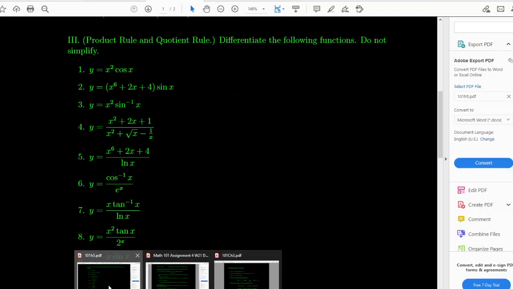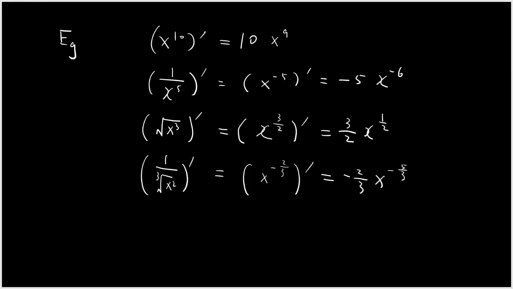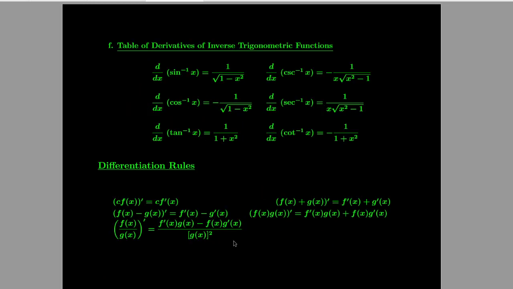But before that, let's concentrate on how to differentiate the sum of two functions, the difference between two functions, and the scalar multiple of a function. By that I mean, this is called a scalar multiple of a function: we can use a number to multiply a function.